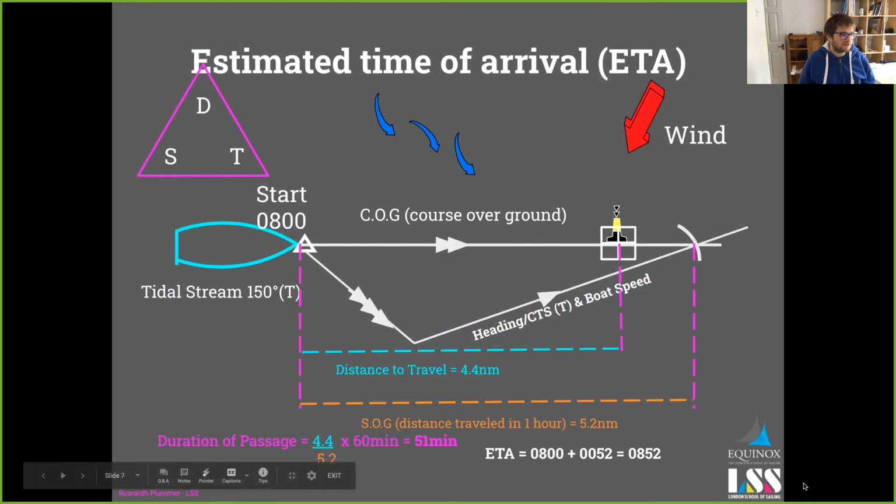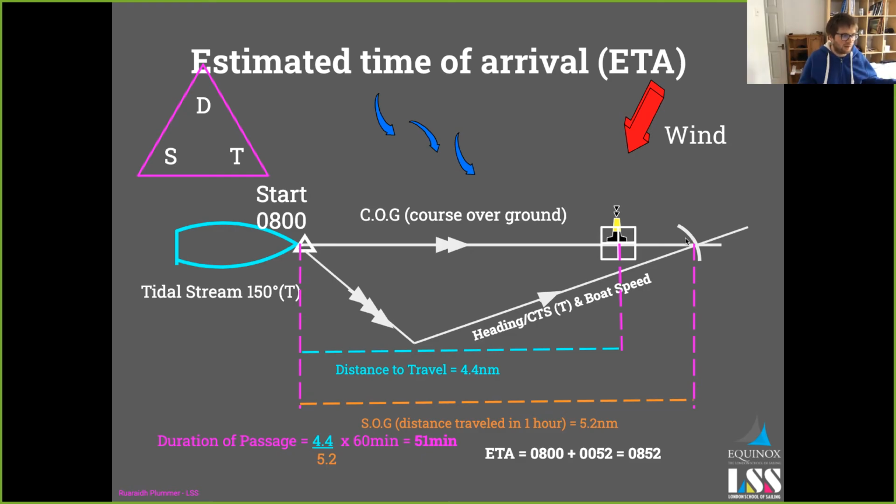Now, what else we can find out is we know several distances. From where we started to where we're trying to get to, we can measure that distance, and that is our distance to travel. This intersect point, from our starting point, is where we're going to arrive in that time frame.